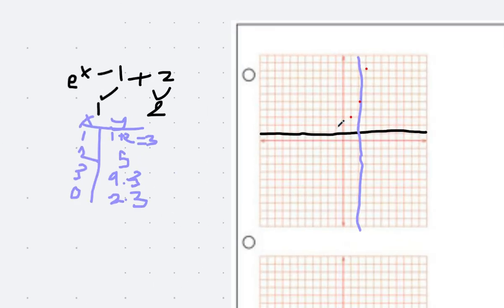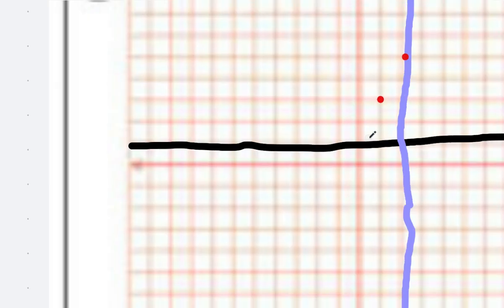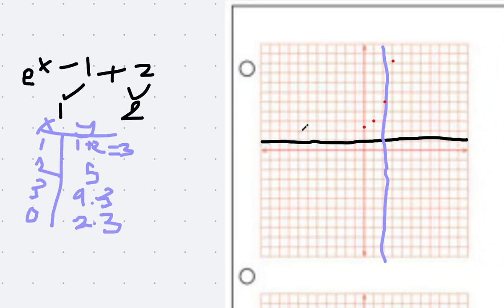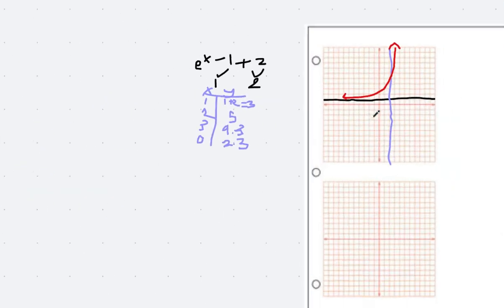And 0 is around 2.3. So I think we can draw a graph on this. Looks pretty decent. Okay, that's the graph. Take a look at it.